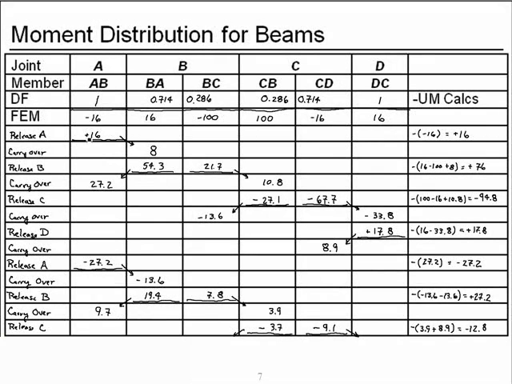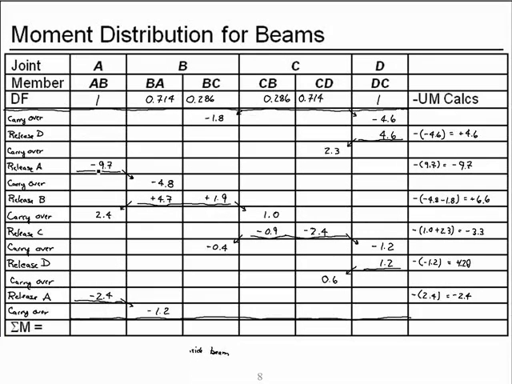Negative 16 plus 16 plus 27.2 minus 27.2 plus 9.7 minus 9.7 plus 2.4 minus 2.4. Add up the entire column and we get 0 foot kips, which is exactly what we would expect for a pinned end of a beam. So that quantity works out the way we expected.